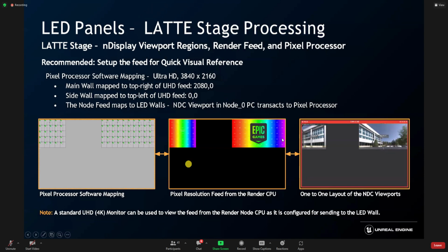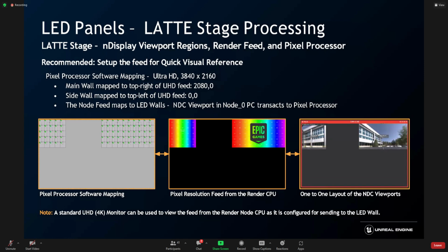And this is a representation on the render CPU, which is one of the devices, one of the machines that Switchboard will communicate with. And this is the NDC configuration of those screens with these images of Epic's headquarters. And we saw this red outline for our single viewport.